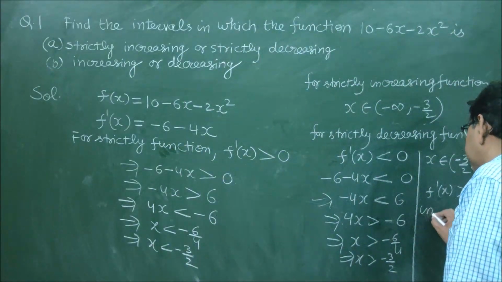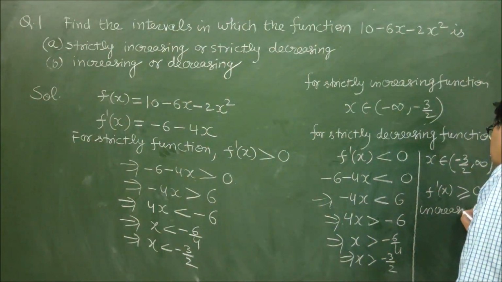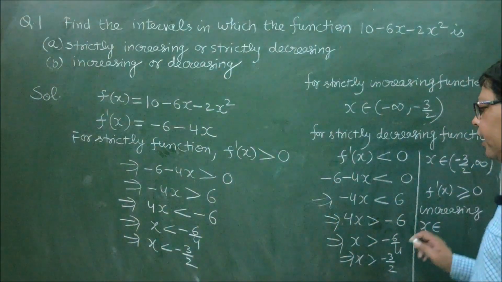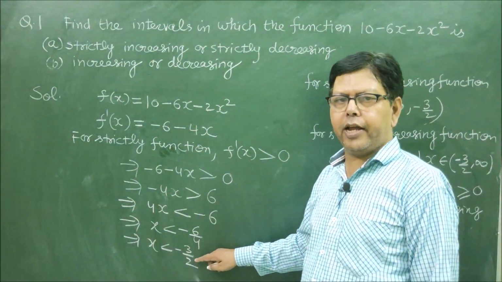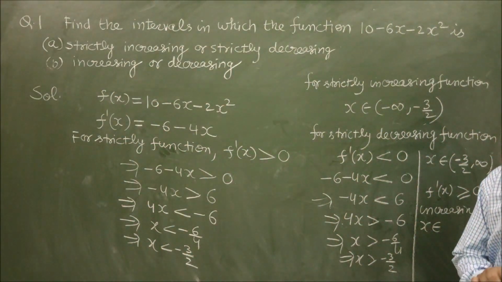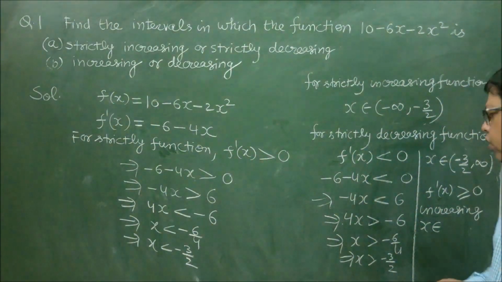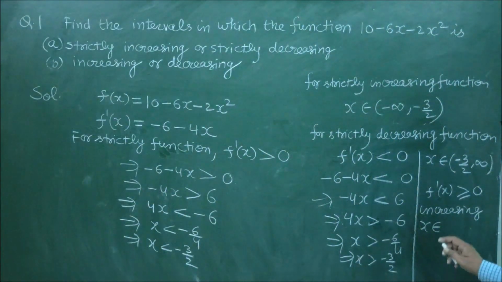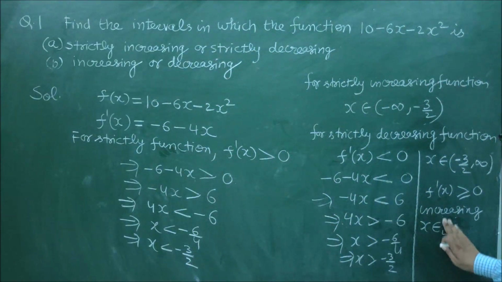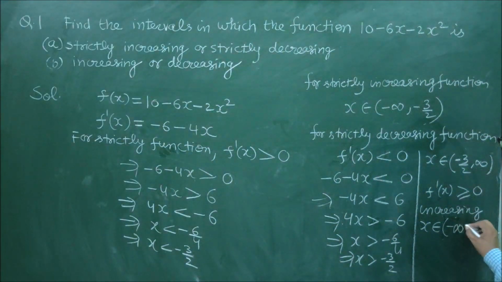So for increasing function, the value of x belongs to, and here I will also consider the point x equal to -3/2, because this point makes f'(x) equal to 0. So x belongs to the interval from minus infinity to closed -3/2 for increasing.